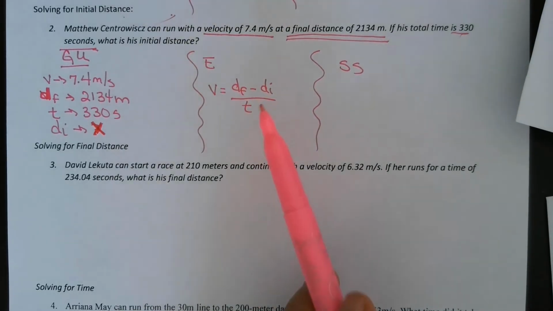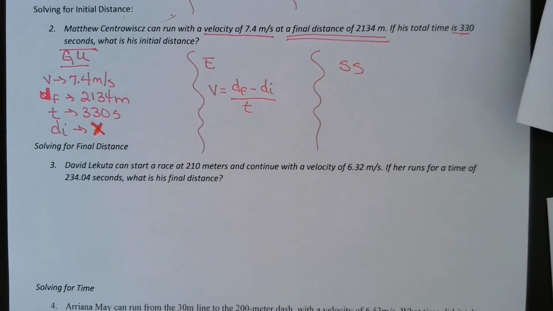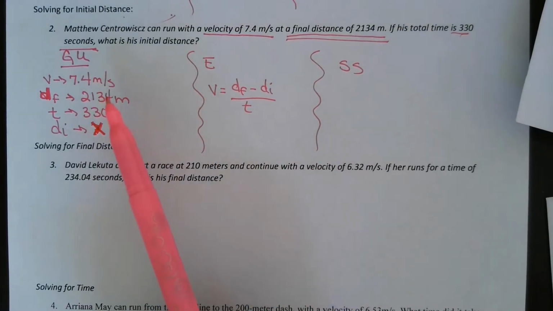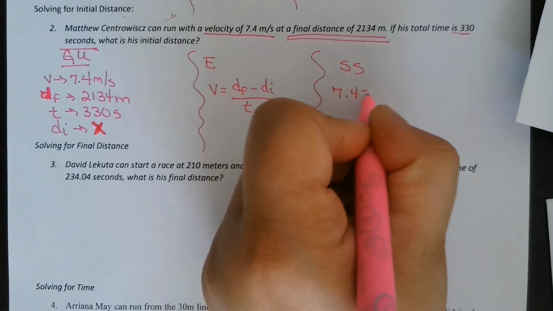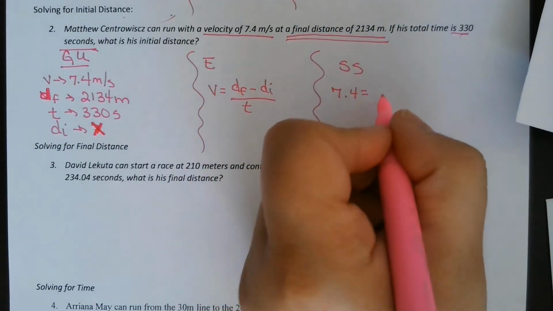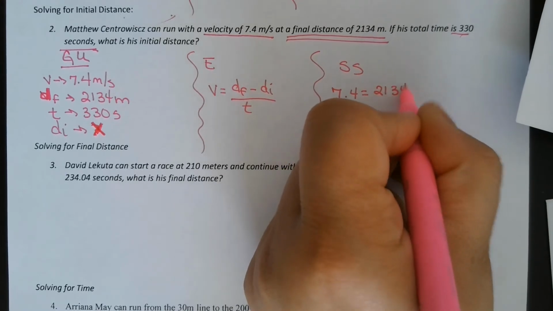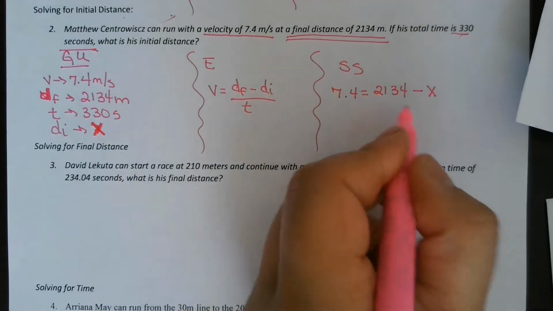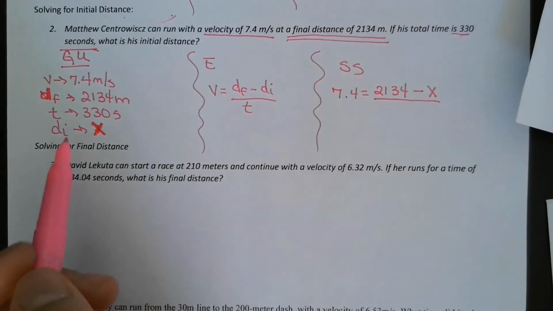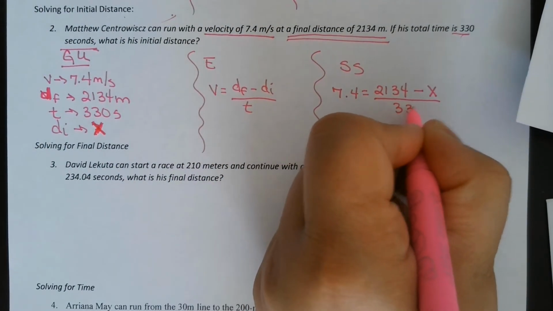And maybe here I will put it in as X, because it's a little confusing for students if X is on that side. So how do I solve for this? Go ahead and substitute 7.4 for V. And DF is 2,134 minus X. This is what we're looking for. All over a time of 330.